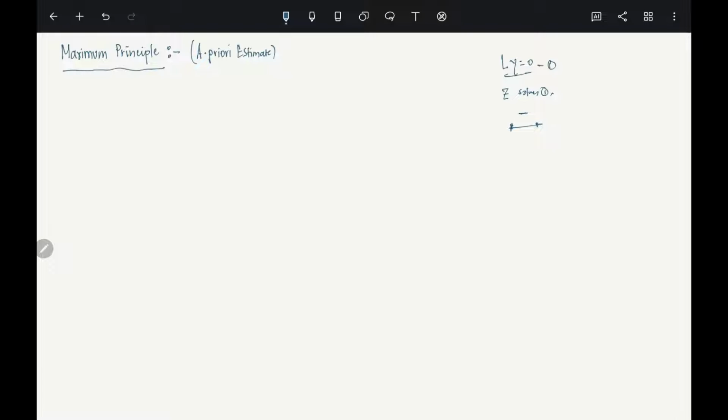Now, where is it important? To be very frank with you, I really cannot emphasize enough how important this maximal principle is. Let's put down some uses, where you can use this.